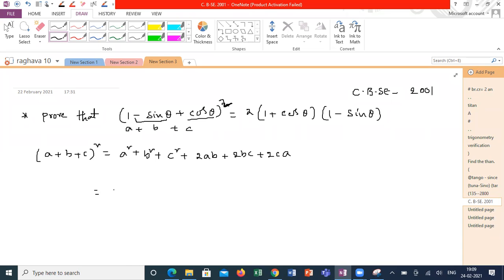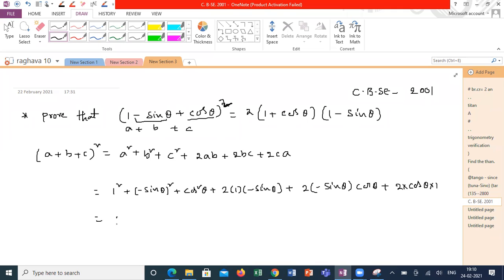So 1 square plus minus sine theta whole square plus cos square theta plus 2 into 1 into minus sine theta plus 2 into minus sine theta into cos theta plus 2 into 1 into cos theta, that is 2ac or ca.